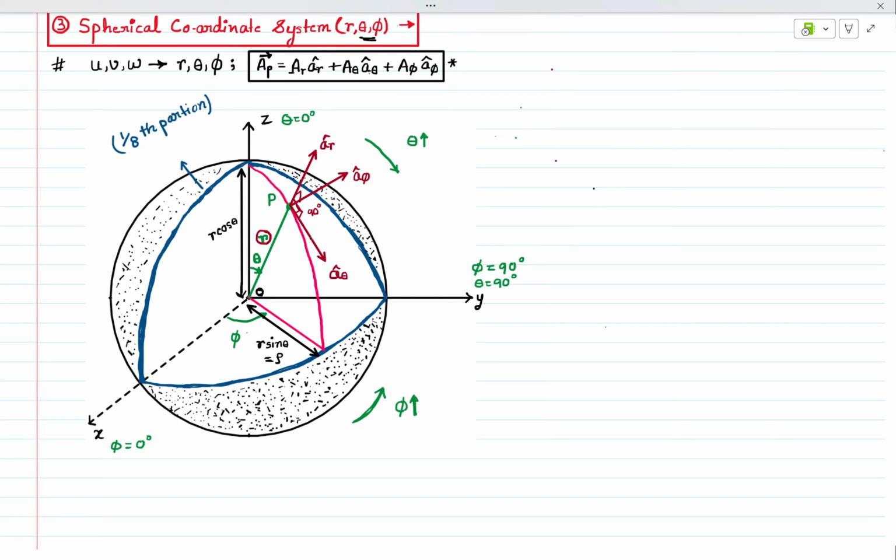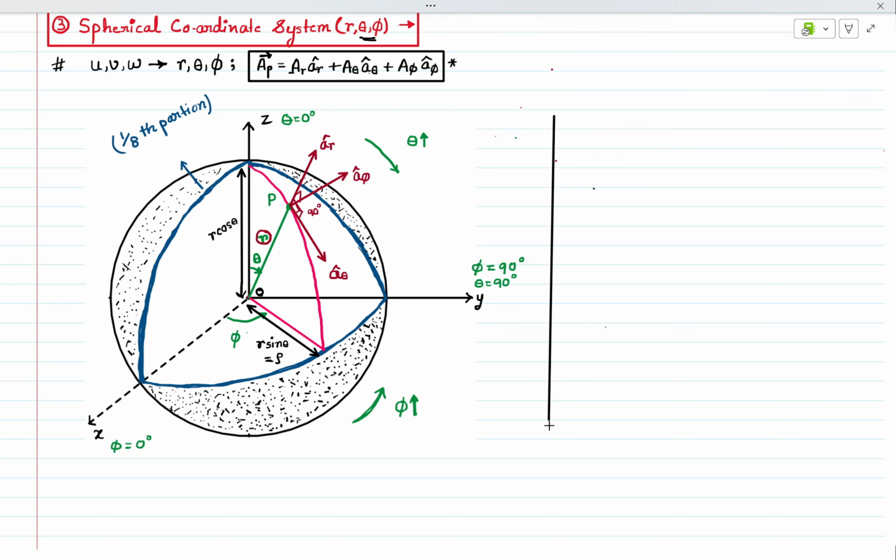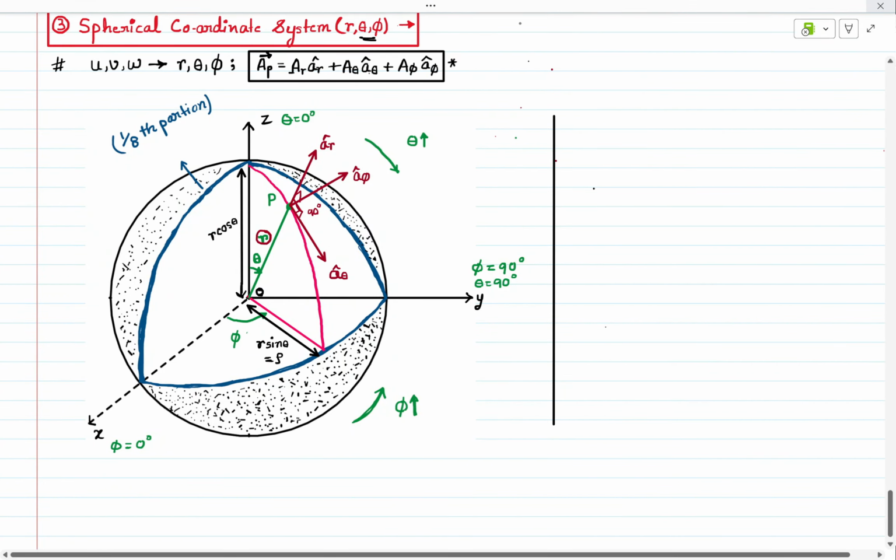So this is R sin theta. This is R cos theta. Now, if you don't understand this point, look into this diagram, whatever I am going to draw, how this R cos theta and R sin theta occurs. For those, I am writing a separate diagram. So I have to draw the coordinate system again. So give me some time for that.